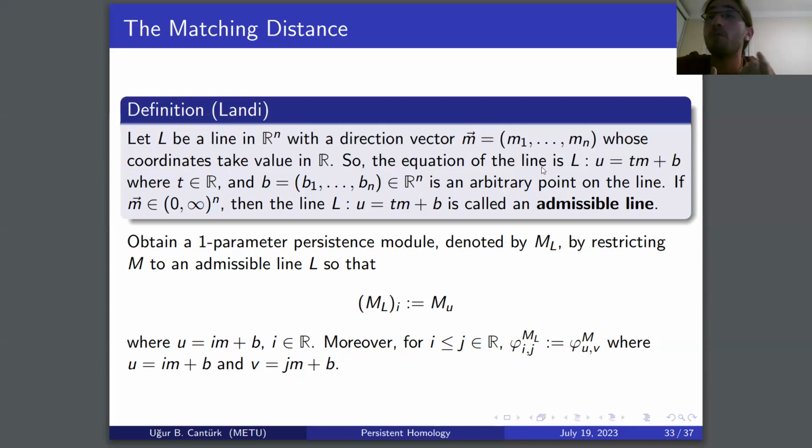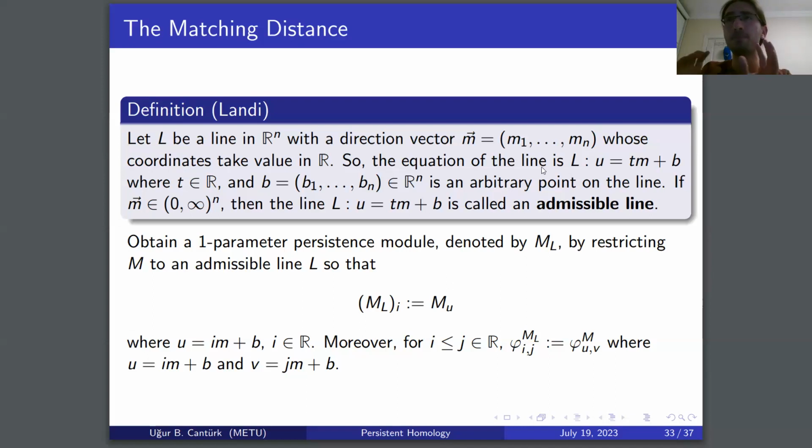So that is good. But for the multiparameter case, the bottleneck distance is not stable over prime fields. I will not go into detail, but it doesn't meet our expectations.